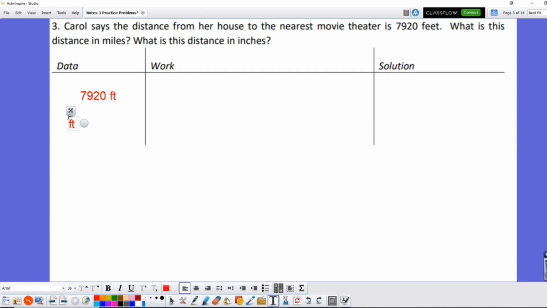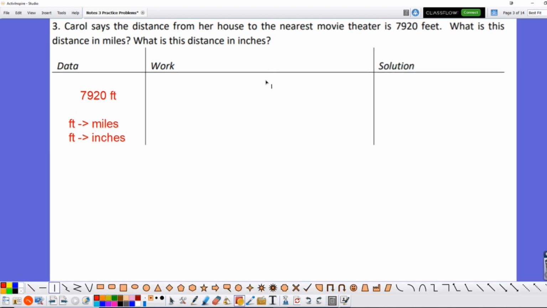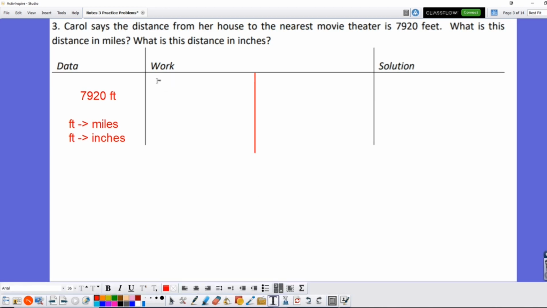Feet to miles. So we need to convert feet to miles. And then we need to convert feet to inches. Okay, so let's go ahead and split this off into 2 different work areas. I'm going to split it down in the first part. The first question is, how many miles is that?